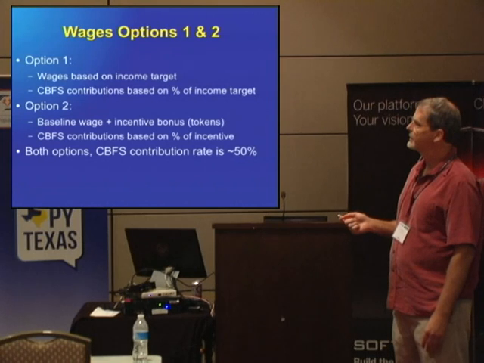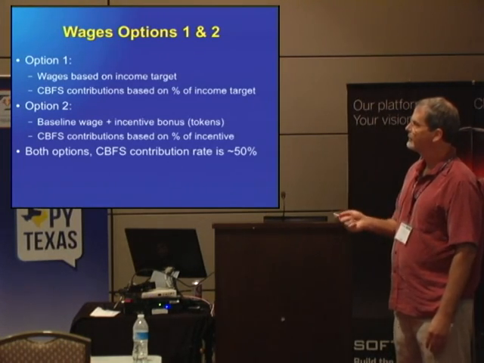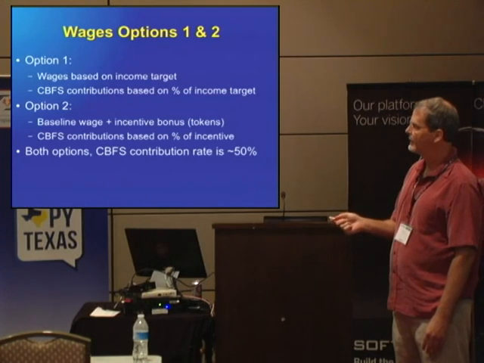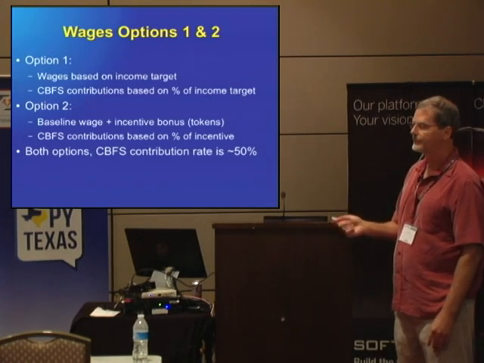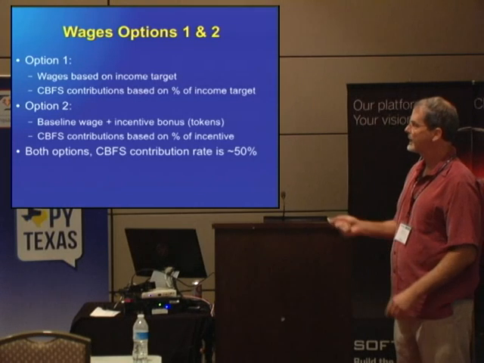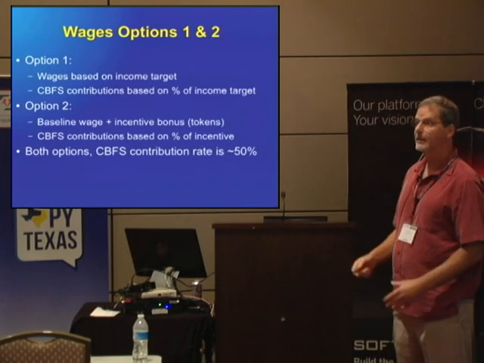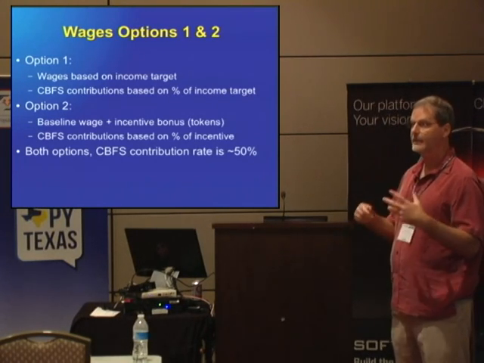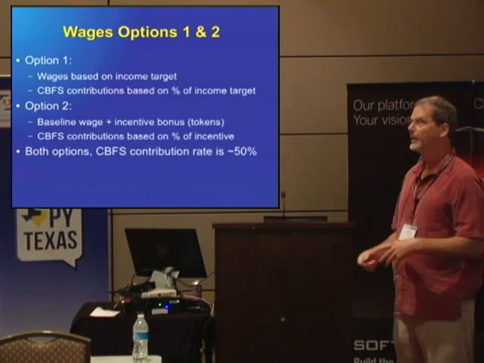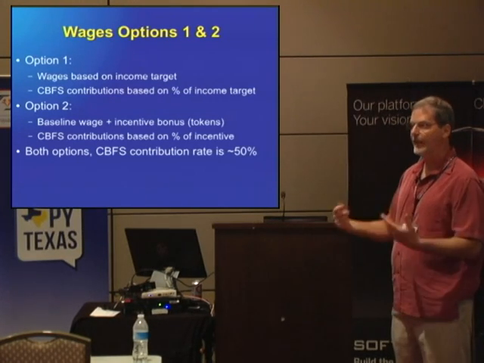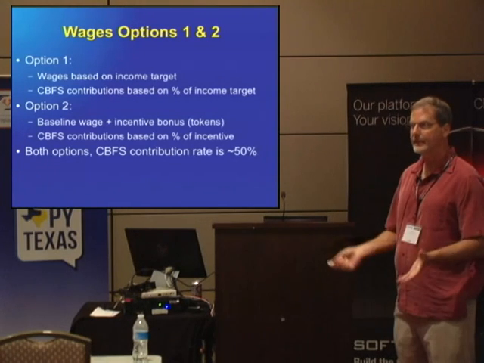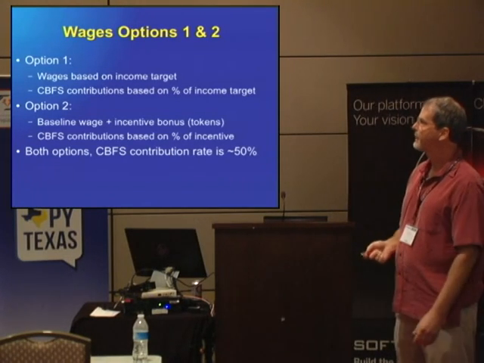And the CBF contributions are based on a percentage of this income target. For both of these wage options, the CBF contribution rate is about 50%. That is a large contribution rate, but the way this is designed, take-home income after making the CBF contributions still increases for everyone.